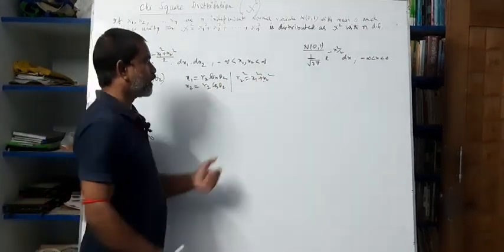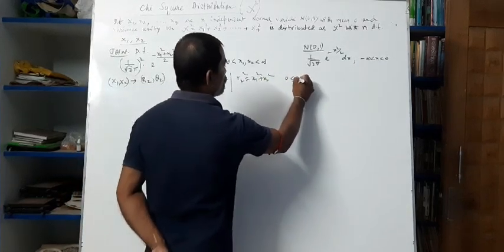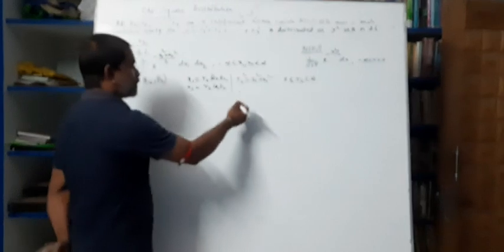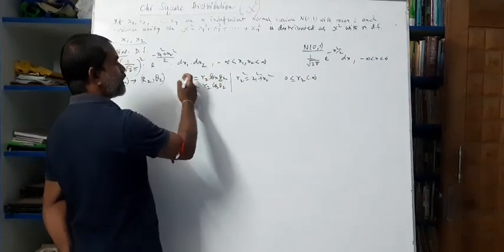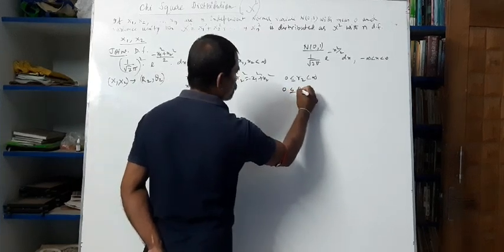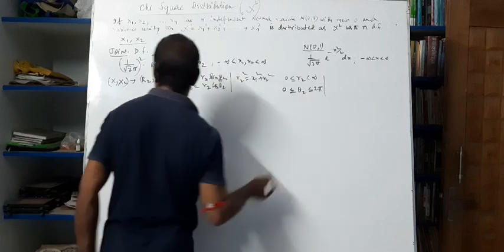As this term is positive, 0 less or equal to r2 less than infinity, and for theta 2, since sin theta 2 varies from minus 1 to 1, 0 less or equal to theta 2 less or equal to 2 pi.